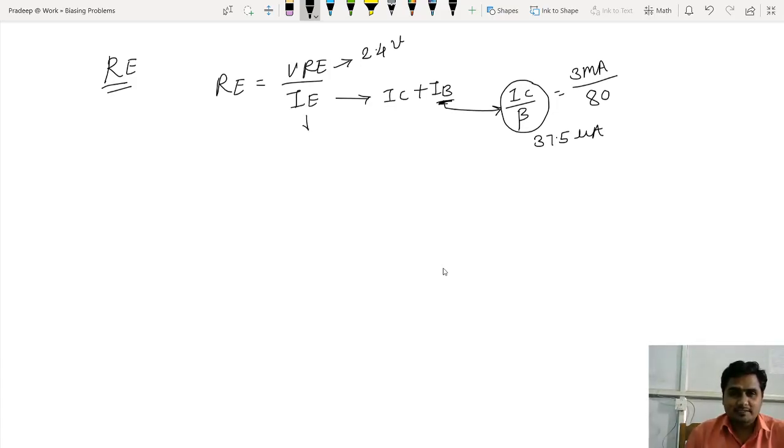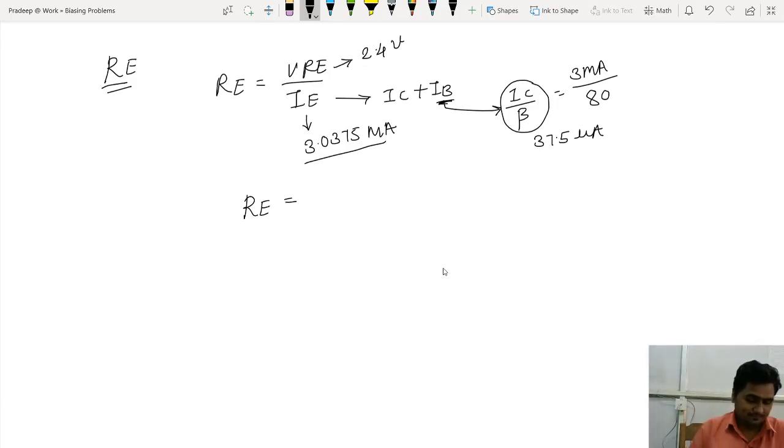So IE is equal to 3.03 milliamperes. Now divide 2.4 by this value. RE is equal to 790 ohm.